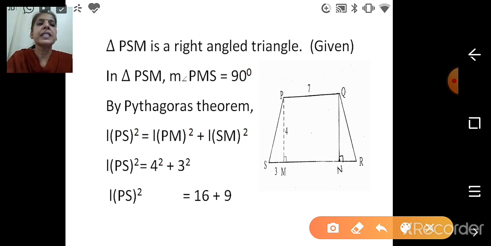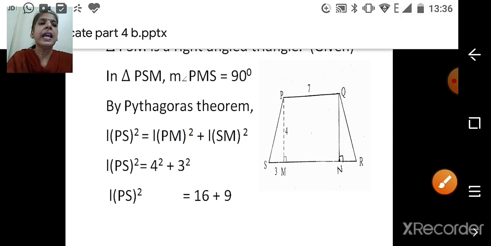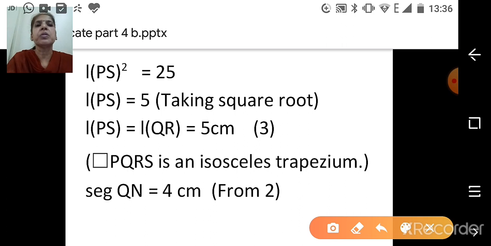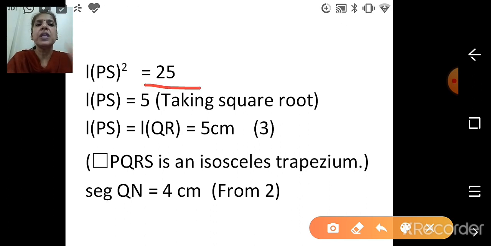So we add 16 plus 9, and length PS square is 25. But we have to find length PS. So how will we find it? By taking square root. So length PS is equal to 5. That is how we got it, by taking square root.